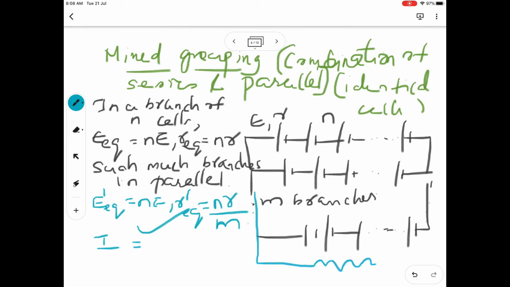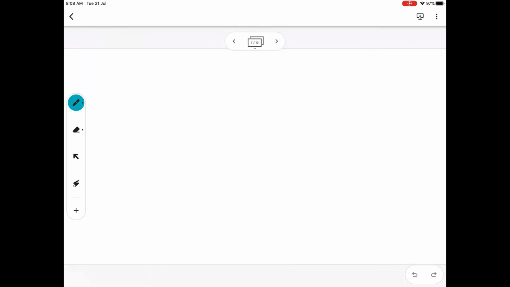And what about the current equation? When you have an external resistor of R connected here, I total is always net voltage divided by net resistance. Net voltage means E equivalent dash, and net resistance means R plus R equivalent dash.